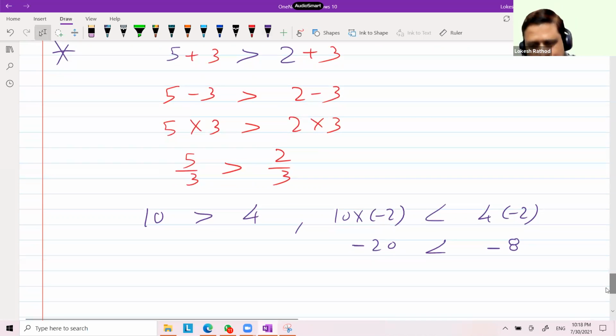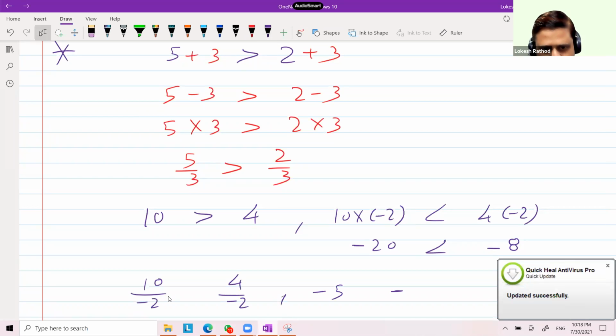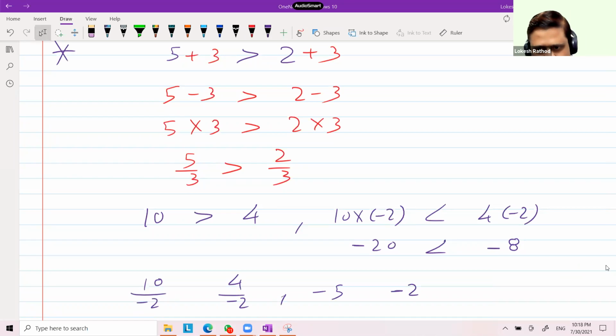Similarly, whenever we are dividing by a negative number, say 10 over minus 2 and 4 over minus 2, this becomes minus 5 and minus 2. So which one is bigger? Minus 2 is bigger. Yeah, this was the sign, now this is the sign. So the sign of inequality changes. So whenever you are multiplying or dividing by a negative number, the sign of inequality changes. Is this clear?